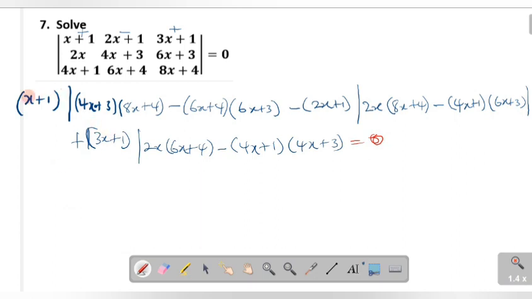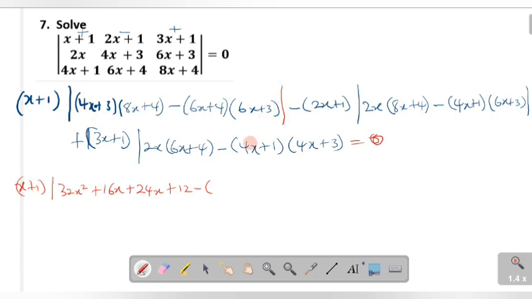Okay, so let's expand this. We are going to have x plus 1 into, so let's multiply: 4x times 8x is 32x squared, 4x times 4 is plus 16x, 3 times 8x is 24x, 3 times 4 is 12. Minus, so you have to include this inside the bracket, oh sorry, this is supposed to be this, so we have to close this.